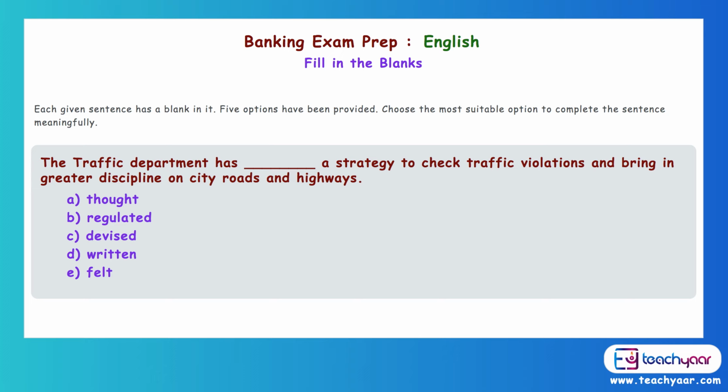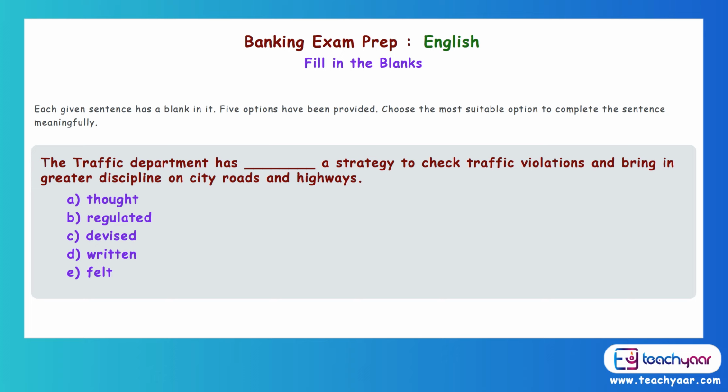Because if people don't follow the traffic rules, there is a greater risk of accidents. So now what is it that we'll put in the blank? So see the options. Thought. The traffic department has thought a strategy. That's wrong. Has regulated a strategy. That doesn't seem okay. Has devised a strategy.